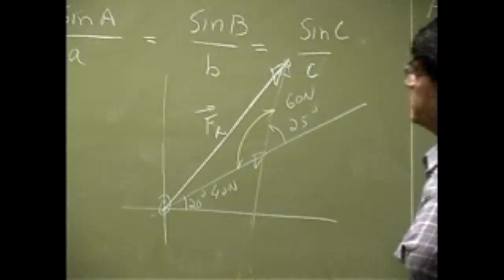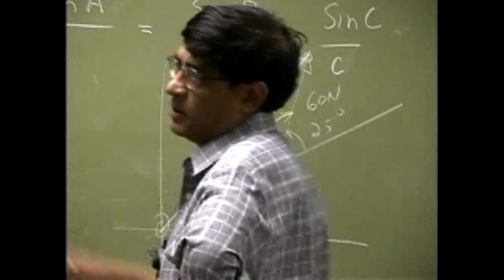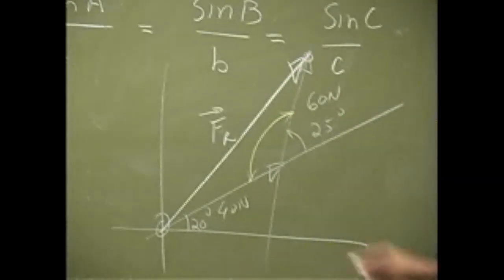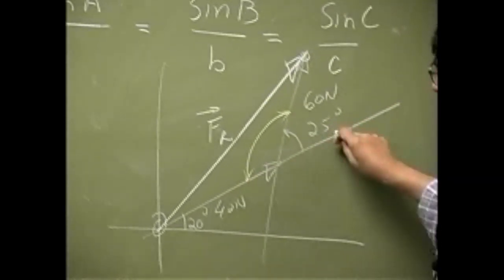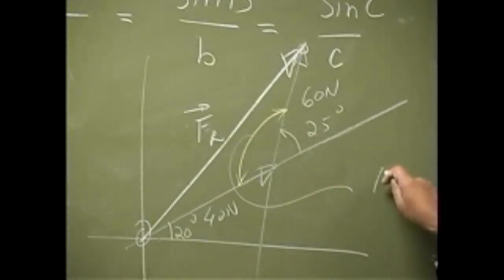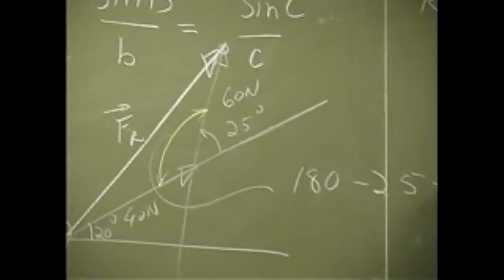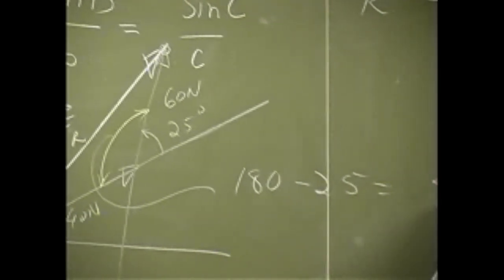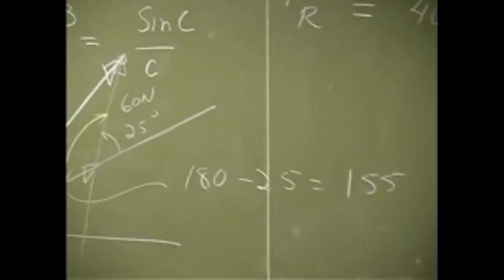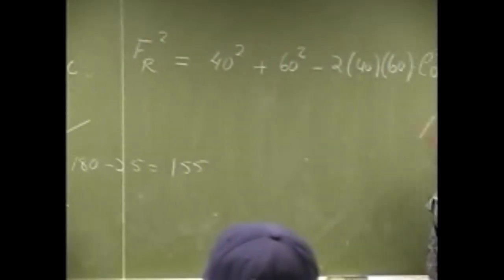So that angle is going to serve the same purpose as capital C here. And that's not hard to find, because this length on this side is here. So this angle is going to be 180 minus 25, that will be 155.